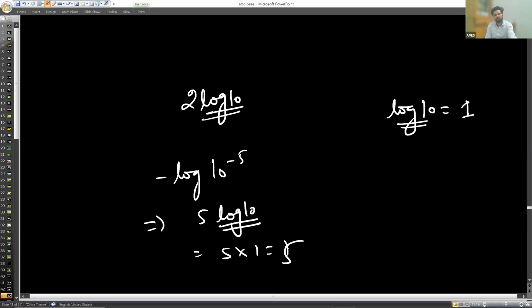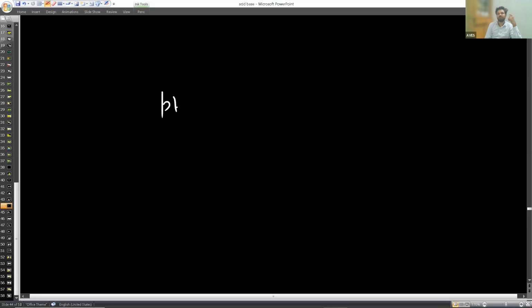Sir, I am asking what is this log used for? Log is used for calculation, like pi is used for calculation. For example, in pH. pH has a formula of minus log of H plus ion concentration.